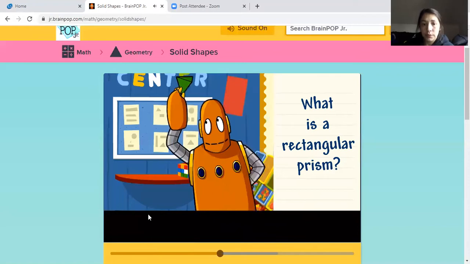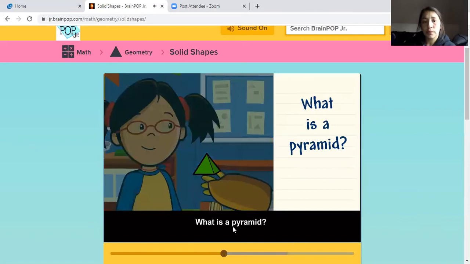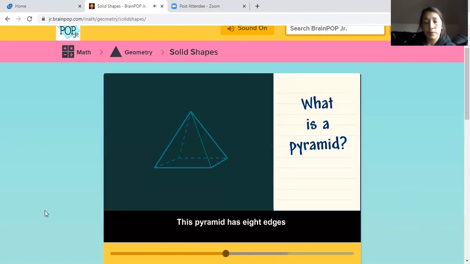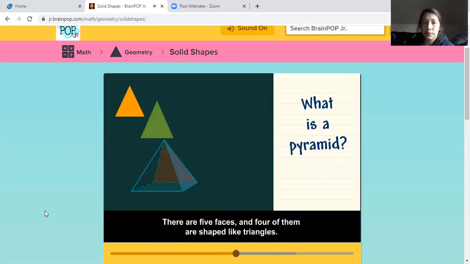What is a pyramid? This pyramid has 8 edges and 5 vertices or corners. There are 5 faces, and 4 of them are shaped like triangles. The base is the face on the bottom.